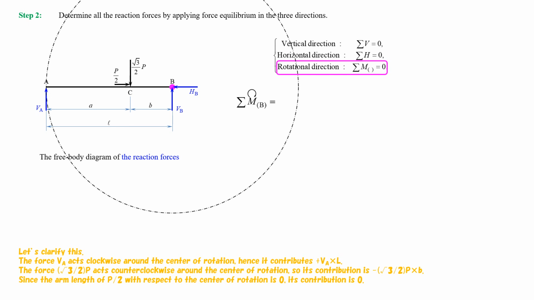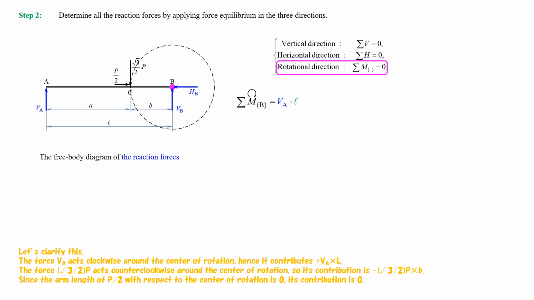The force V acts clockwise around the center of rotation, hence it contributes plus V multiplied by L. The force, the square root of 3 divided by 2, multiplied by P, acts counterclockwise around the center of rotation, so its contribution is minus the square root of 3 divided by 2, multiplied by P, and then multiplied by b.